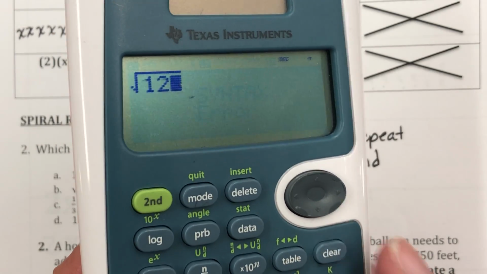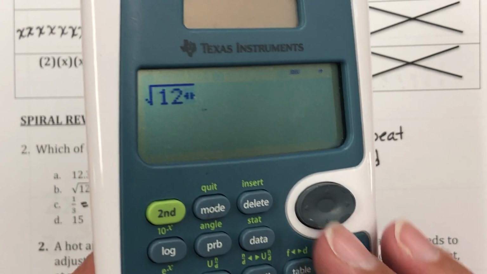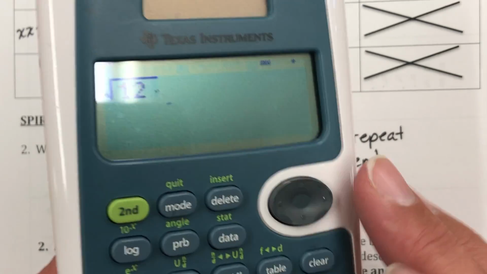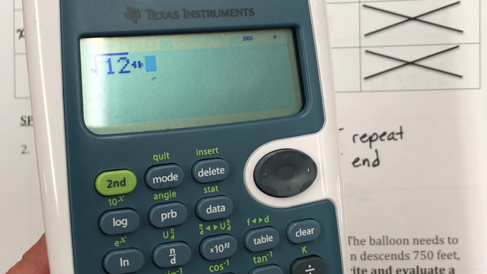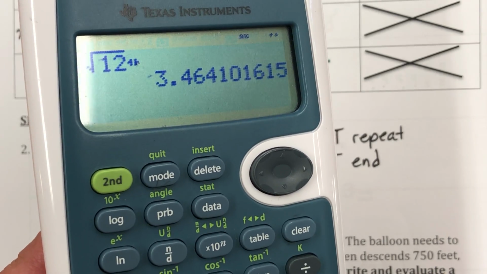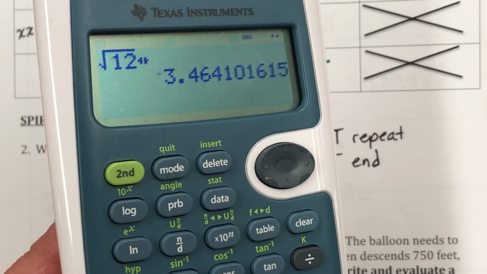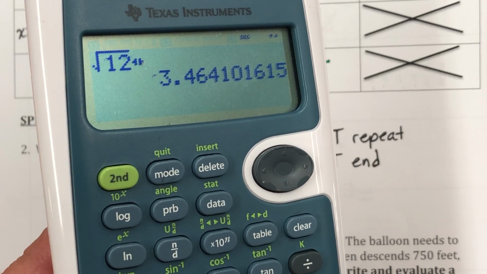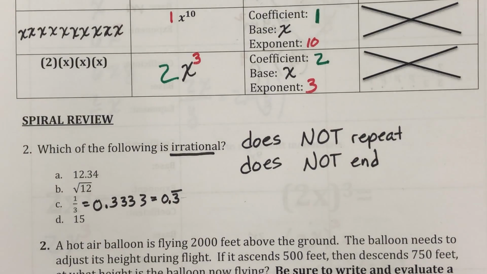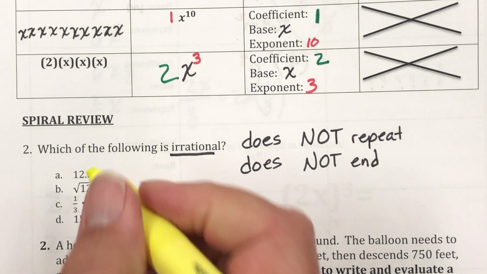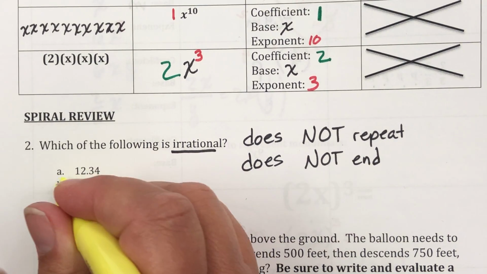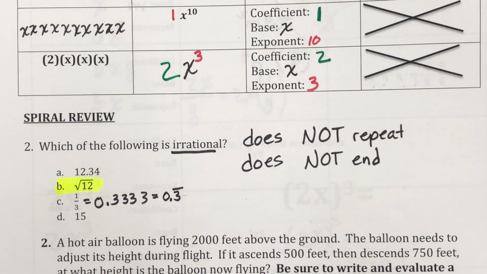I know what I did. I put that underneath the square root sign or the radical sign. So I have to get off of there, then press the arrows. Oh, goodness gracious, that does not repeat. That does not terminate. That does not end. So that answer is irrational. The one that does not repeat and does not end, square root of 12, is irrational.